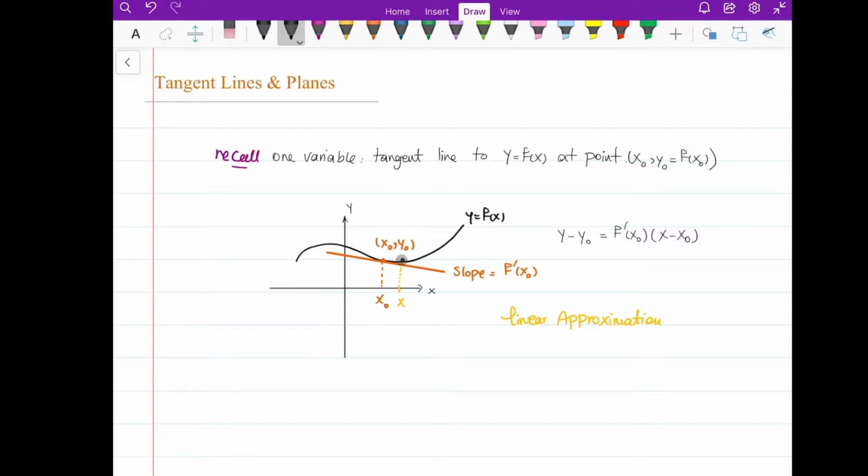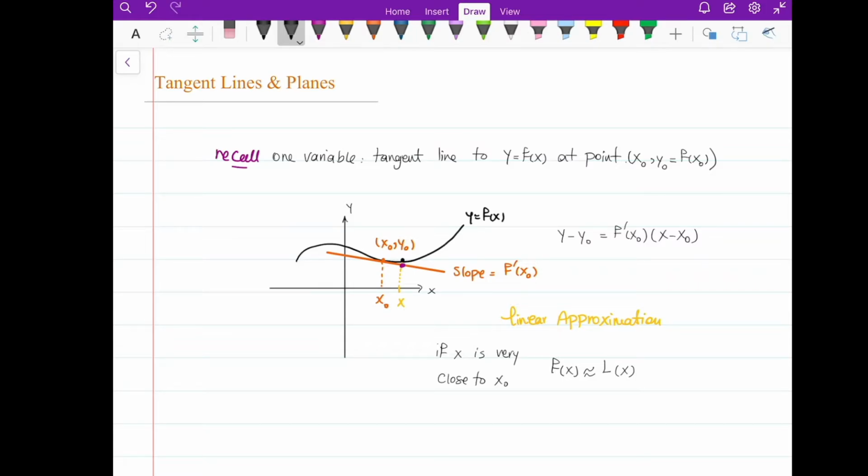And as you see, it's very close to the value of the tangent line at the point x. Since x is very close to x naught, the approximation would be a good approximation. So we're going to say that if x is very close to x naught, then the value of f at x is approximately the linear approximation at the point x.